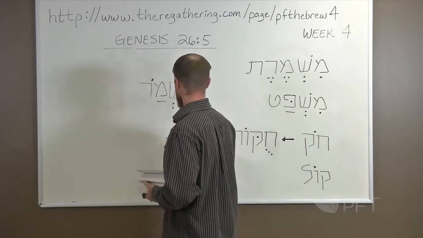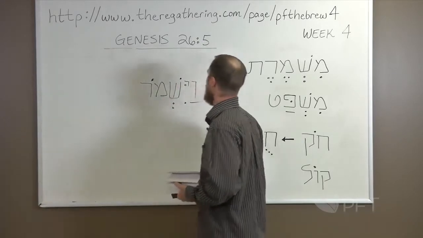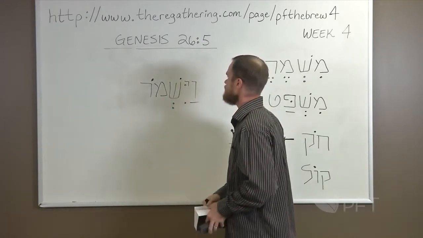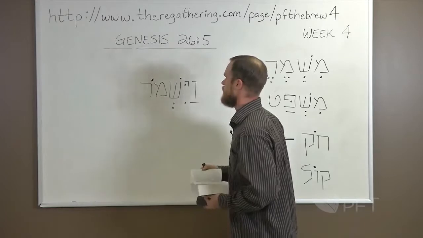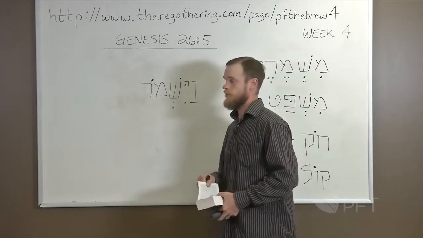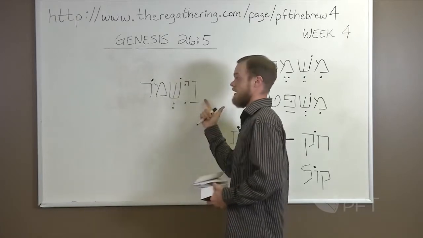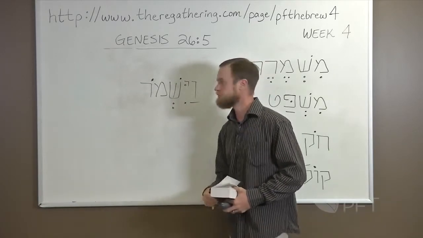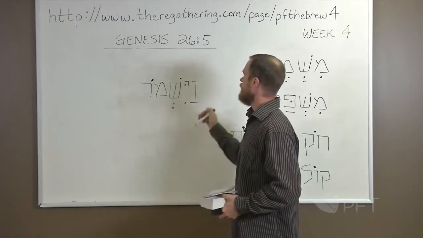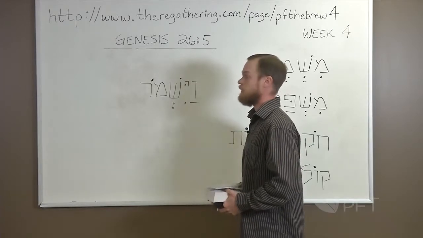Okay. So Deuteronomy 11 was talking about the future tense, so the vavs were always inverting past tense verbs. But here we're talking about the past, so this vav is now inverting future tense verbs. Okay. Yishmor on its own would mean he will keep.